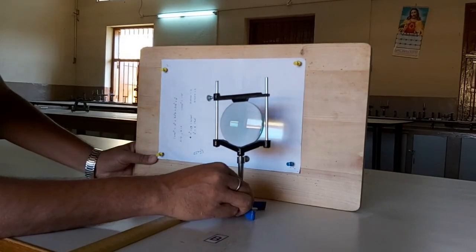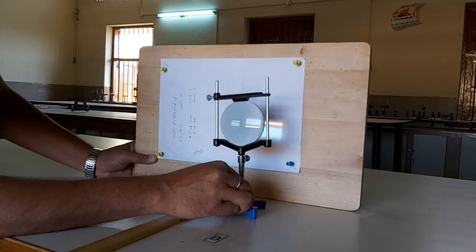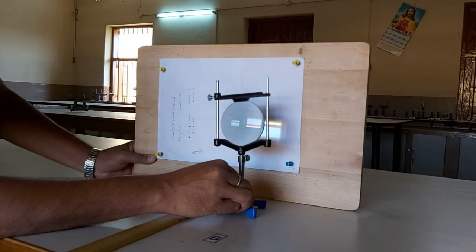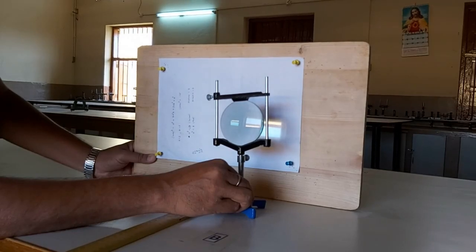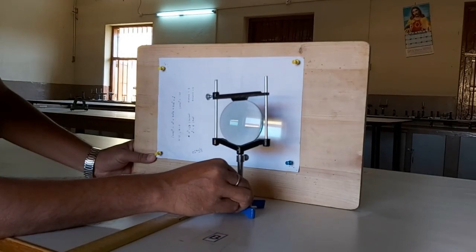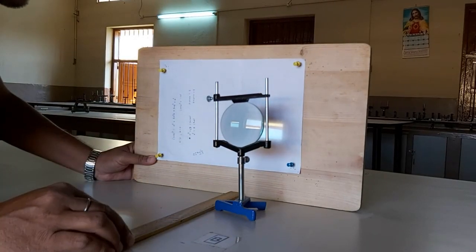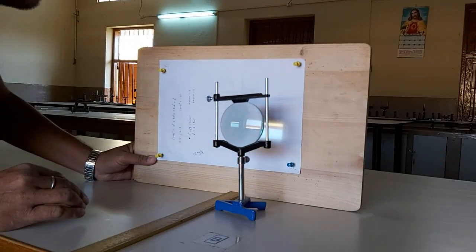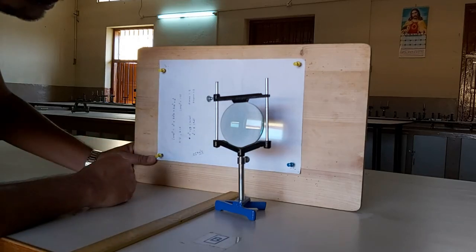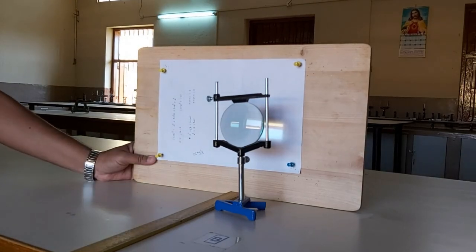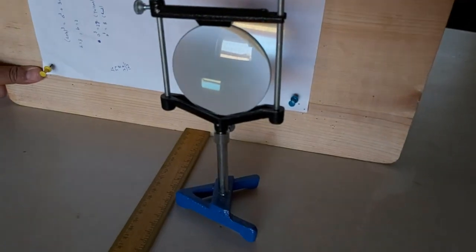By adjusting the lens on the measuring scale, we form the image of the distant object and we can get the rough focal length. From the experiment, the rough focal length of the given convex lens is approximately 11.8.